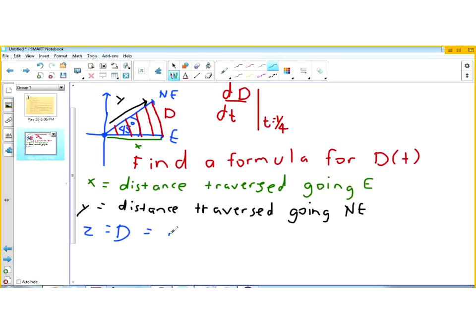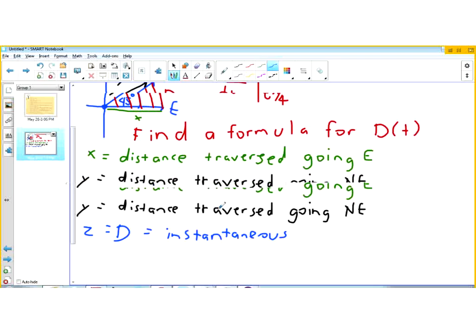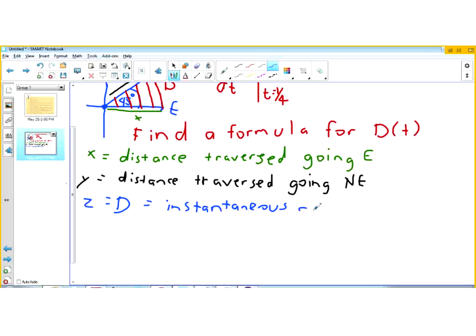So let z, which equals D, equal the instantaneous distance between the two people.